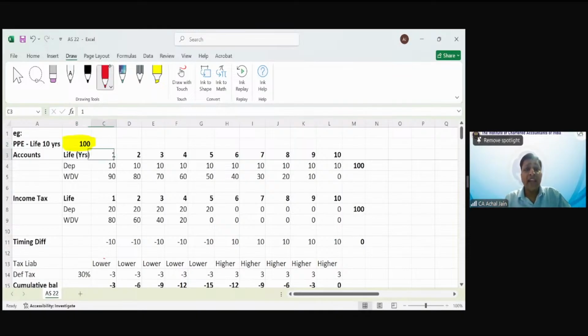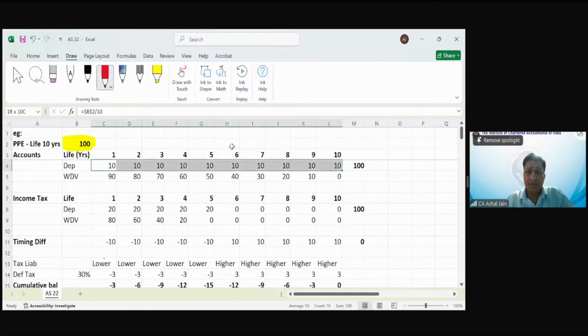If you depreciate this machine using a life of 10 years, what is going to be the depreciation amount each year? 10. Simple. Using SLM, of course. So 10 is the depreciation.